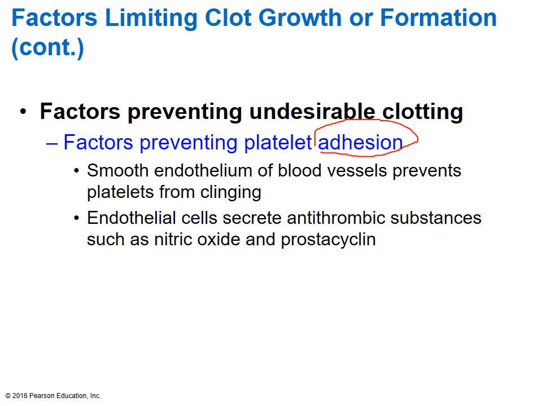And what we see is that usually it has a very smooth lining, and part of that is done through the secretion of prostacyclin, which gives almost like a little slippery feel to the lumen of the blood vessel. So if there's no injury and there's no collagen fiber sticking out, there will be no need for the platelets to kind of clump together. Nitric oxide also plays a role in producing some of these antithrombotic substances.